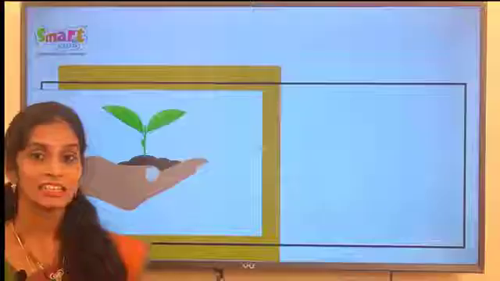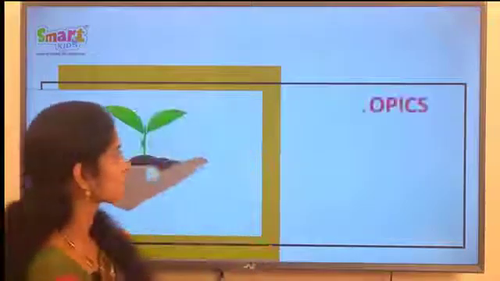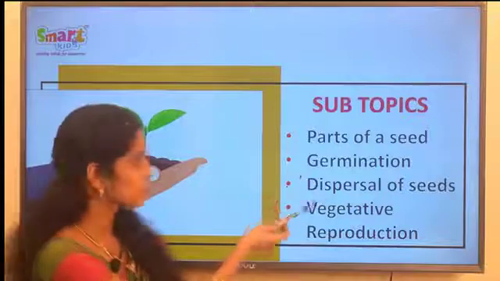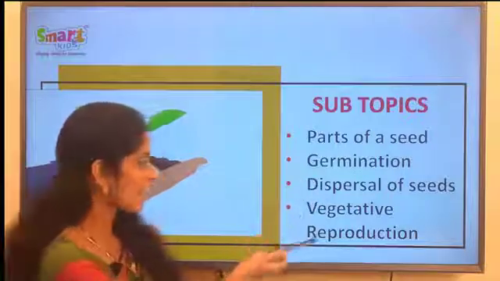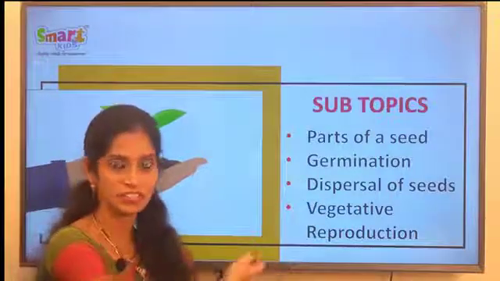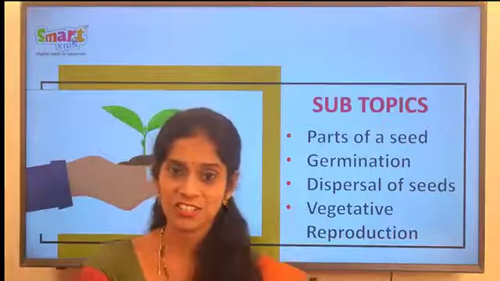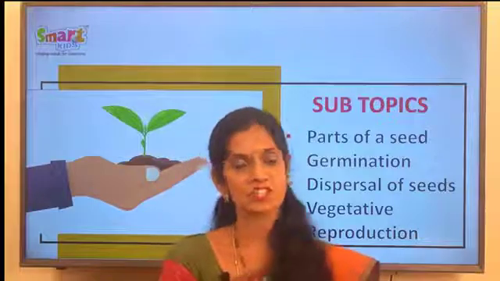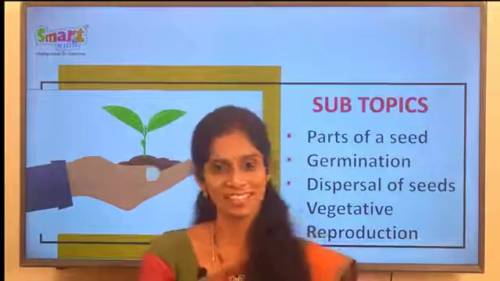Growing plants. In this lesson, we are going to learn about parts of a seed, germination, dispersal of seeds and vegetative reproduction. Do you know about reproduction? Yes, reproduction is the process in which living things give birth to young ones.